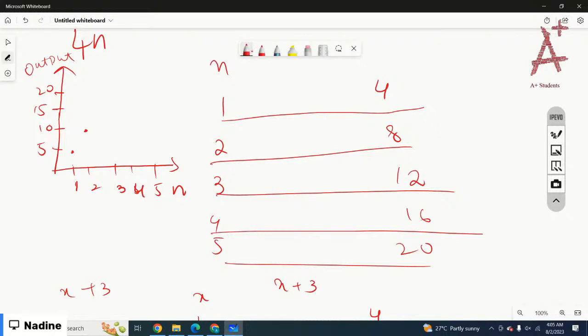Here is 3 and 12, a little bit above 10. Here you have 12. For 4 it is 16, a bit above 15. For 5 it is 20. So you just have to connect these points and make a line. That's how you plot a graph, right? Okay.